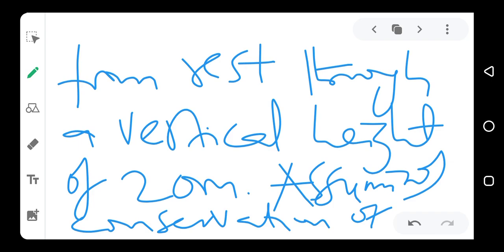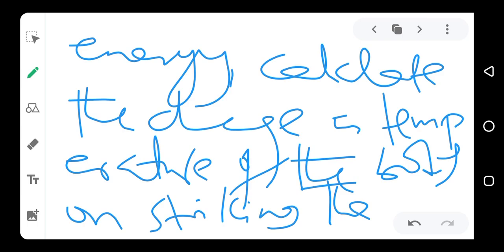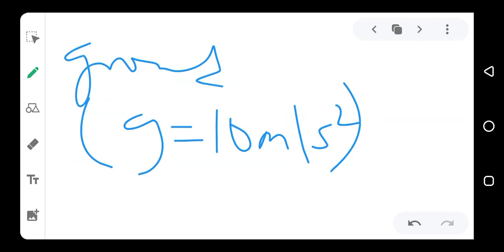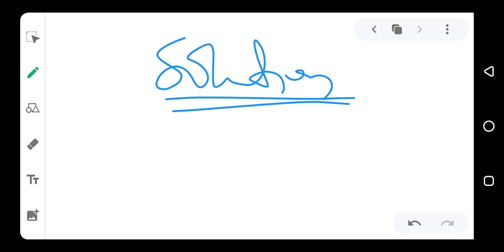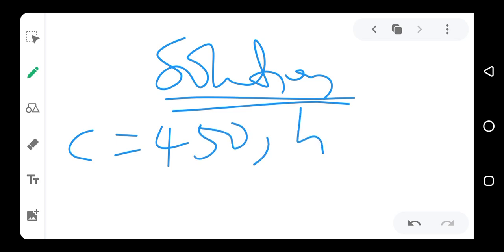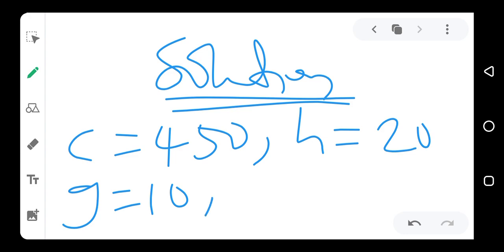Now assuming conservation of energy, calculate the change in temperature of the body on striking the ground. g is equal to 10 meter per second squared. So we know our C as 450, our h as 20, and g as 10. We are looking for the change in temperature, which is represented with theta. So we are going to calculate theta.